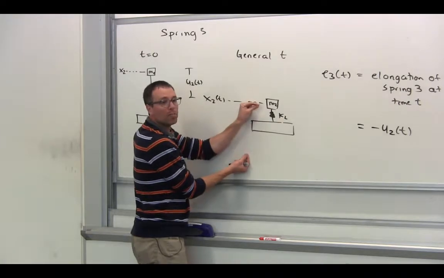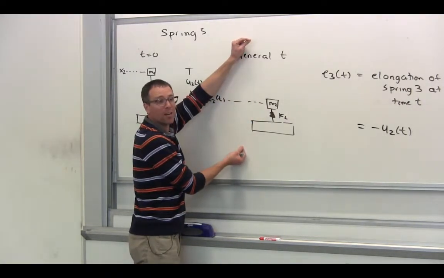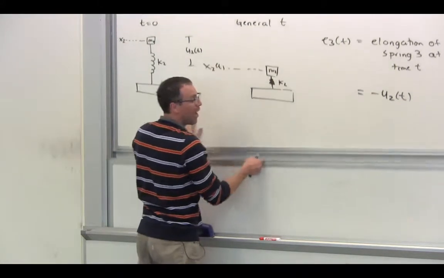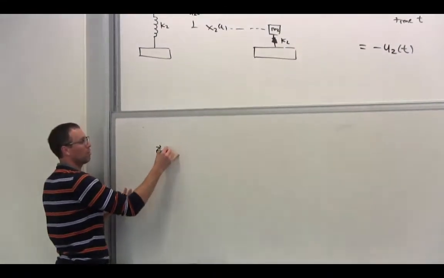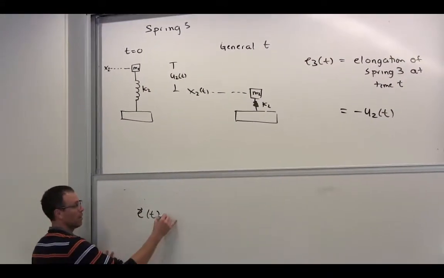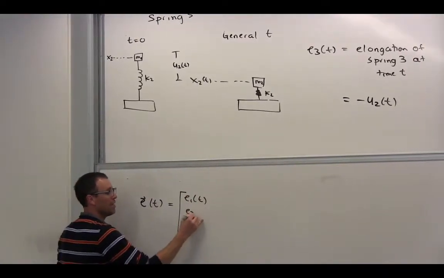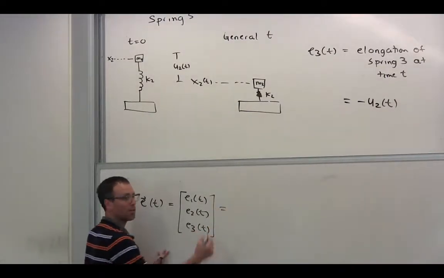When U2 is negative, that means the mass went up. How much did it elongate? By negative U2. Thus, we now have a new vector, which we're going to call the elongation vector. Can you guess what we're going to call that thing? This will be E1 of t, E2 of t, E3 of t. What are the different components of that thing?